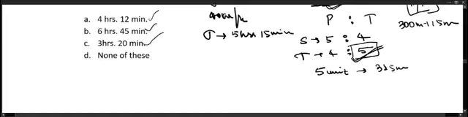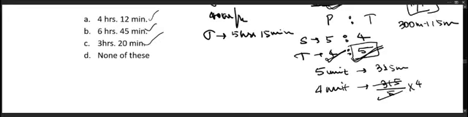Here we have to find the answer in minutes, so we will first change 5 hours and 15 minutes into minutes. 5 hours is equal to 300 minutes plus 15 minutes, that is 315 minutes. So the time taken by the thief is 5 units, and the time taken by the police is 4 units.